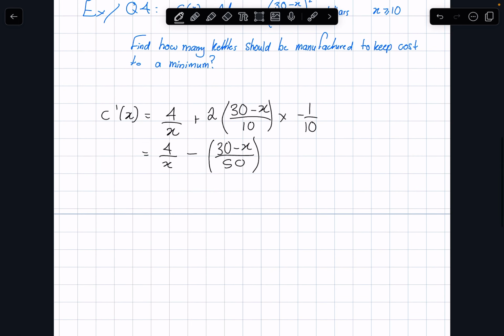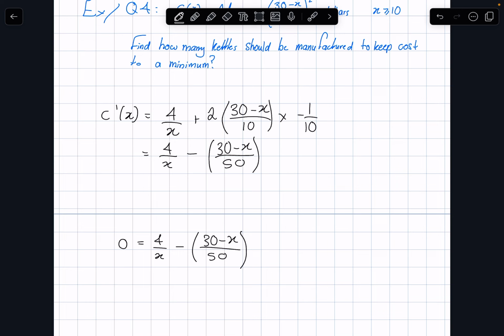Now this looks a bit gross, but what we can do is simplify this a little bit so we can solve this by hand. So we're going to do that together, and I want to set my derivative to equal 0. So I've got 0 equals 4 over x minus (30 take away x) all over 50.